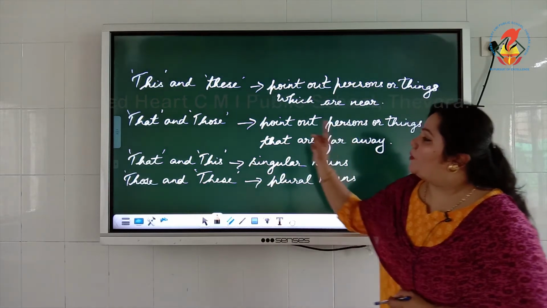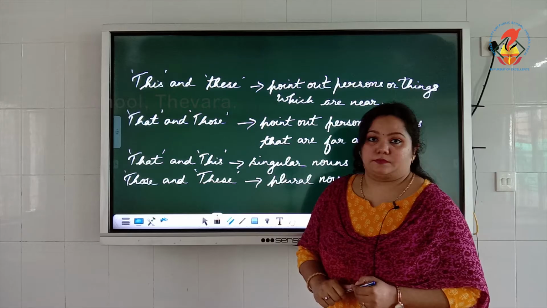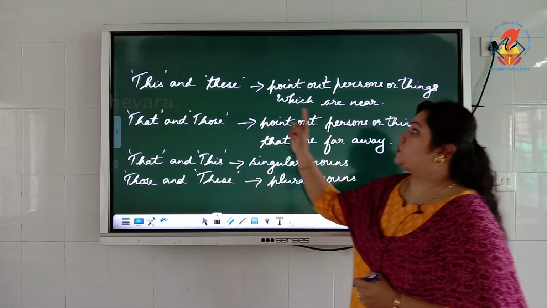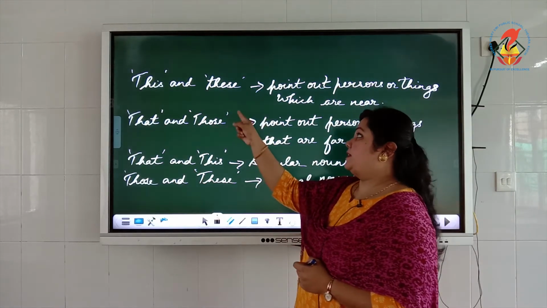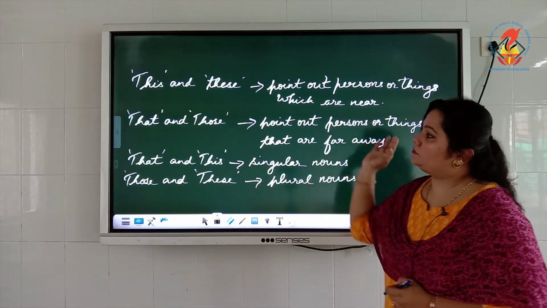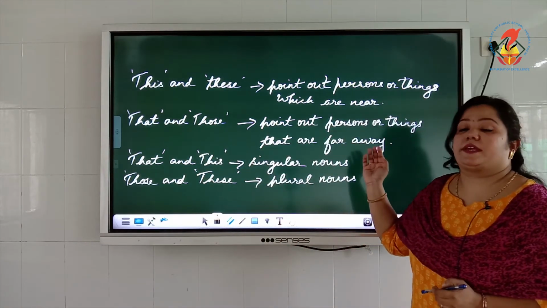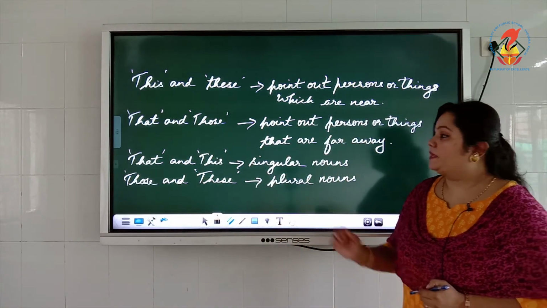Whereas that and those are used to point out persons or things that are far away. Okay? So this and these point out persons or things that are near. That and those are used to point out persons or things that are far away.